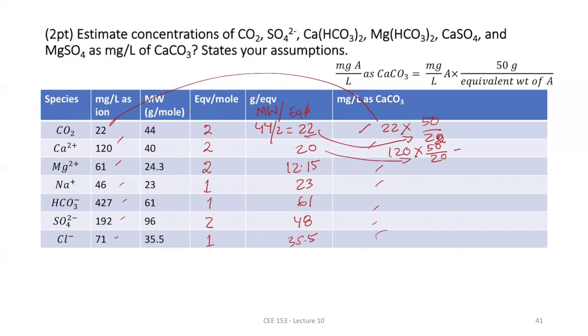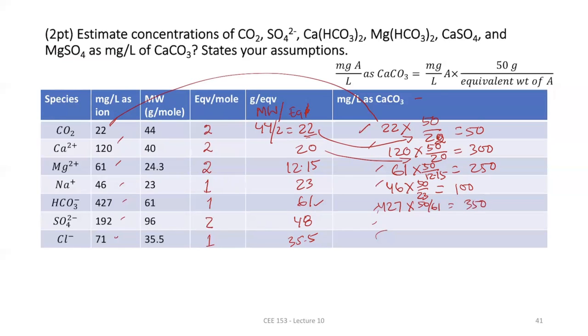So if you do this one, it's 300. 61 times 50 by 12.5 is 250. 46 times 50 by 23 would be 100, and 427 times 50 by 61, the 61 is here, that would be 350.